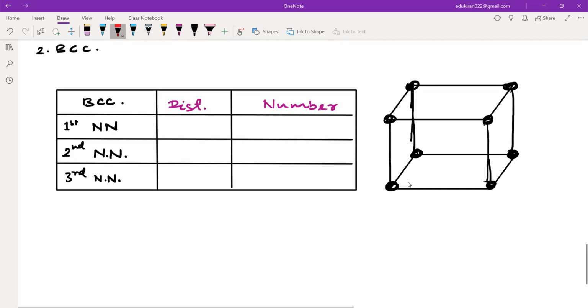And then we have one atom in the body center. So if you remember the BCC structure, then you know that these are the atoms which are touching each other.